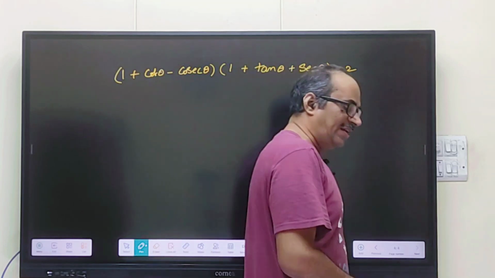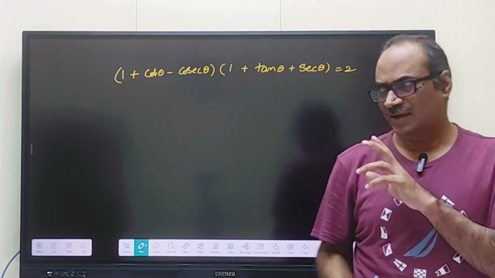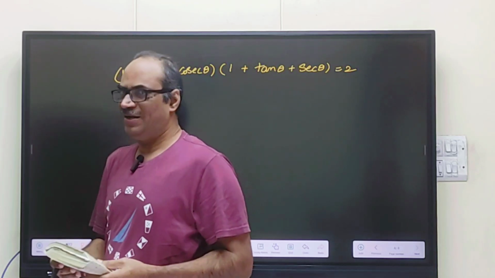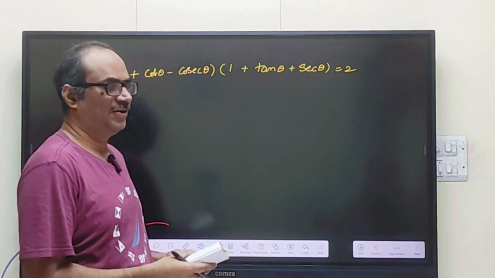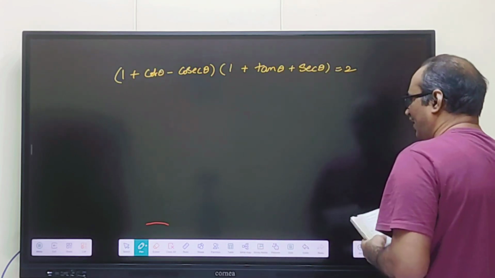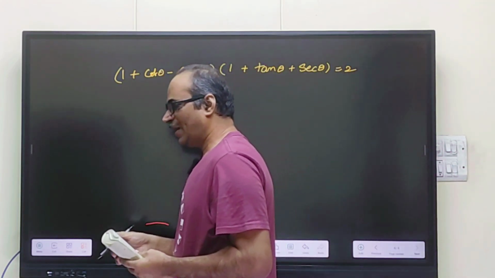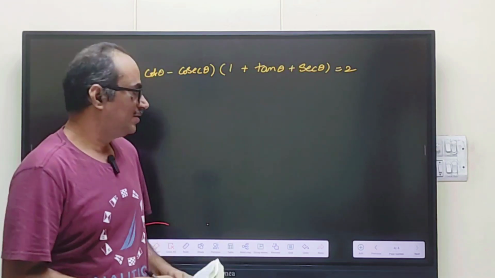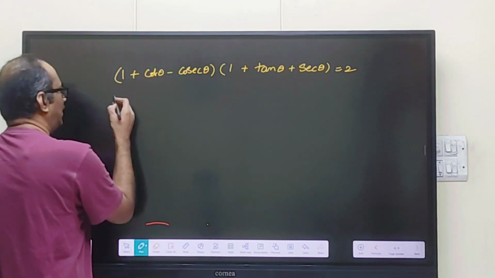Now you can see that on the right hand side we have 2 and on the left hand side we have trigonometric ratios, but none of them are in terms of sin and cos. In that scenario, what I told you, you convert them into sin and cos, because then we can limit it to one identity, that sin square theta plus cos square theta equals to 1. So let's write this down.